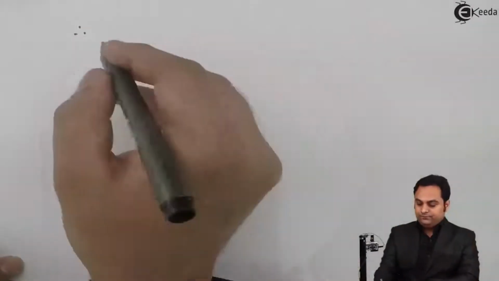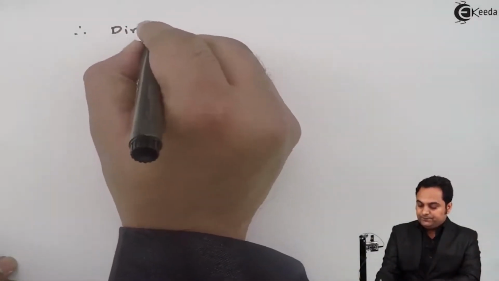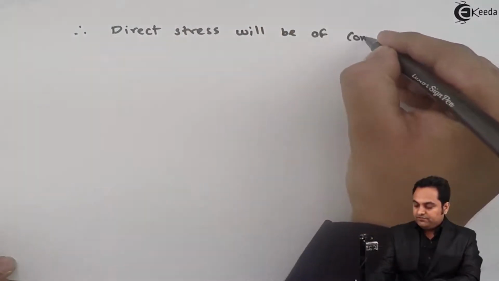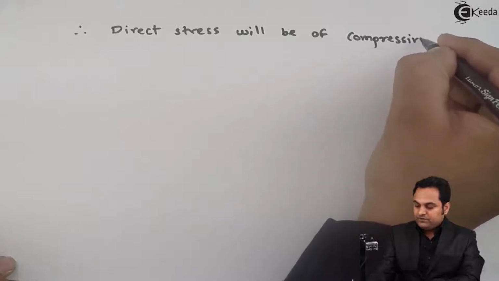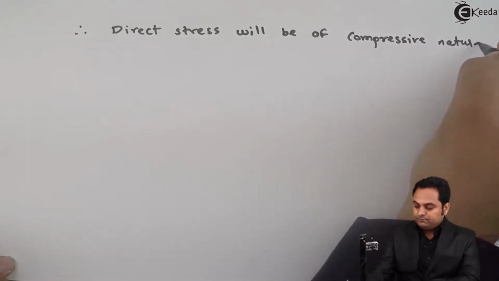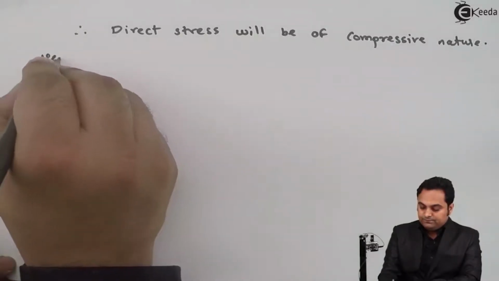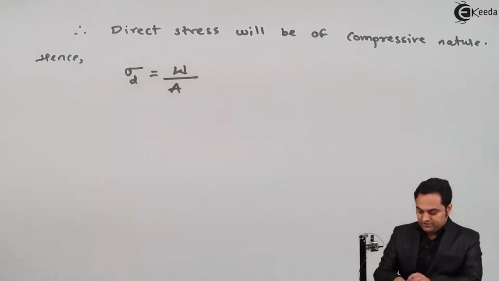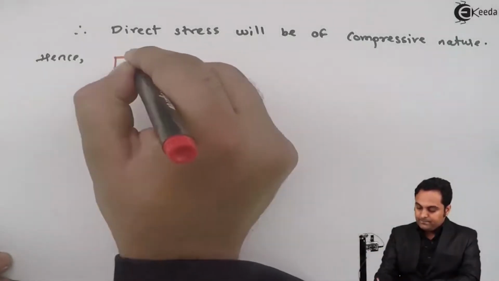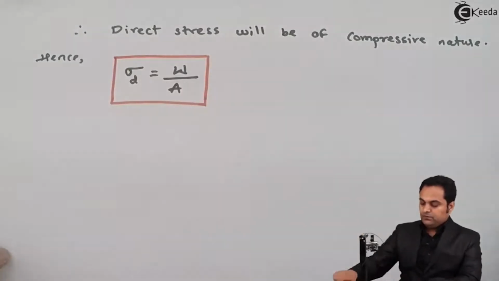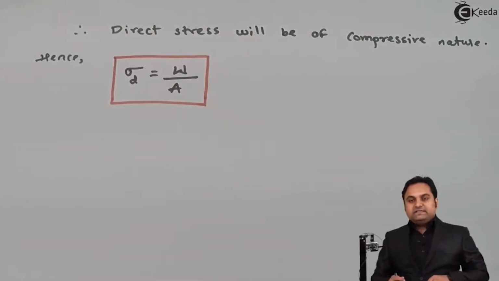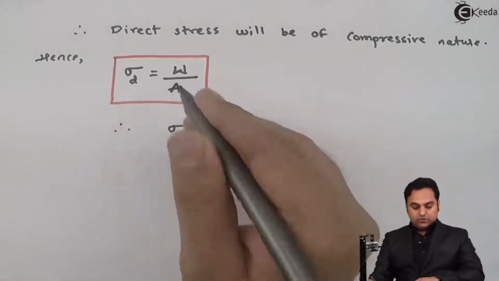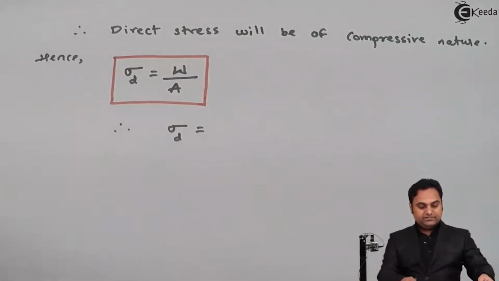So therefore the direct stress will be of compressive nature, and hence the direct stress is the total weight upon cross section area. So here we can see that the weight is acting over the cross section area, and therefore direct stress will be the weight we have calculated just now.